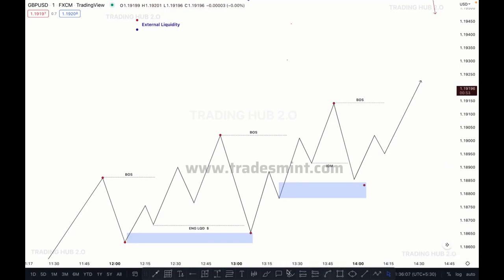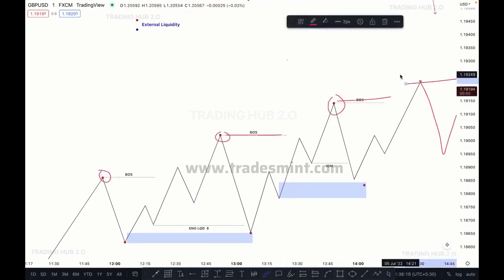So these are all called external liquidity. Every major high or low acts like external liquidity, because once the market takes external liquidity, it takes a pullback, then goes on to continue upside, taking the minor, or you can say internal, liquidity, right?